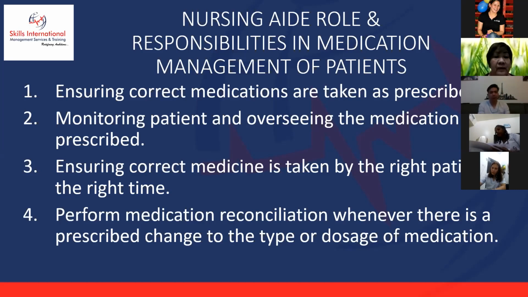So number four is to perform medication reconciliation whenever there is a prescribed change to the type or dosage of medication. For example, the patient is now taking 5 tablets. Tomorrow you will be going with the patient to the hospital, and from home, you have 5 tablets. Once you reach the hospital, the doctor removes 2 of them and replaces them with another 3.